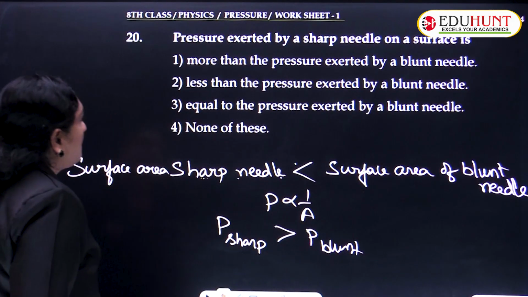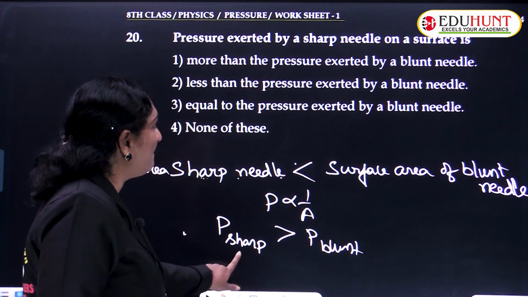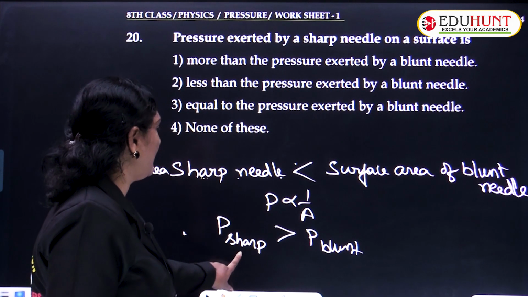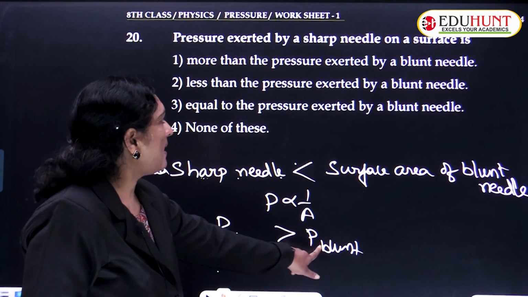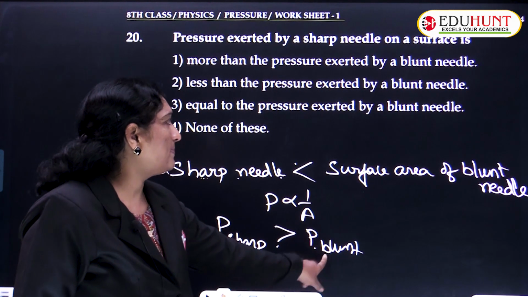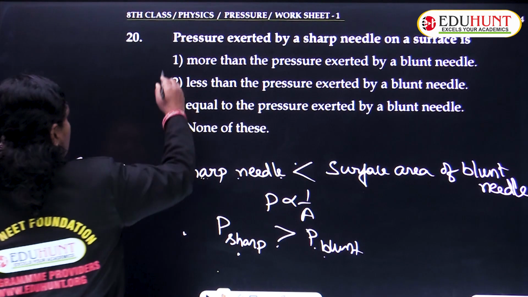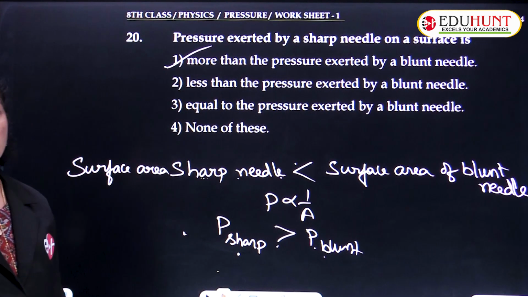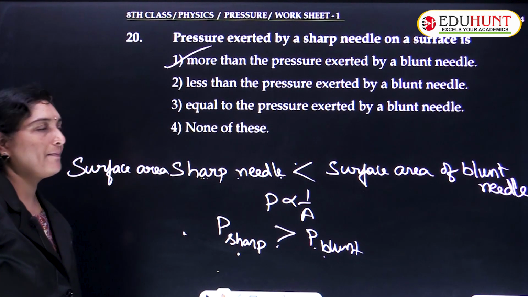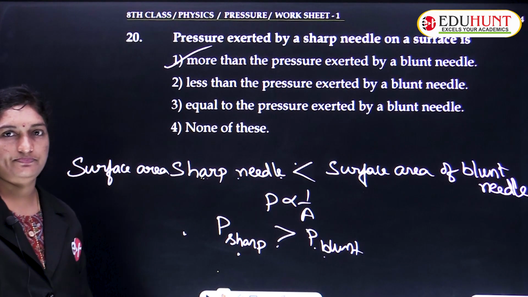That's it. So pressure exerted by a sharp needle on a surface is more as compared to the pressure exerted by the blunt needle. So the correct option is option 1, more as compared to the blunt needle.